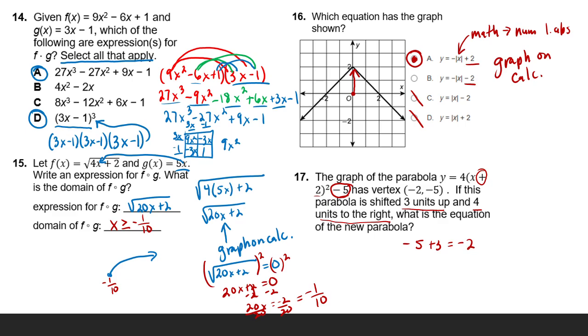And then this one says 4 units to the right. Okay, well, remember the plus 2, it is going 2 units to the left. So if we're going from -2 and we're going 4 units to the right, we would add our 4 to our -2. So again, you just use the vertex here. So -2 plus 4 is +2.